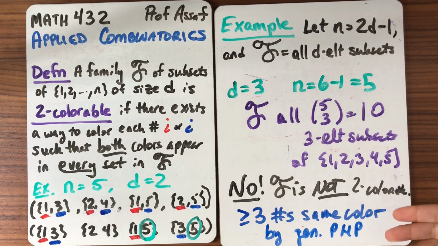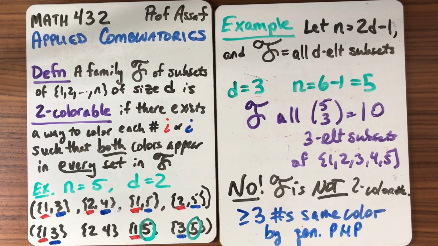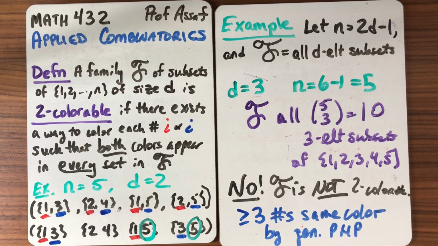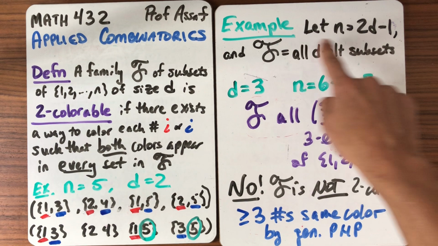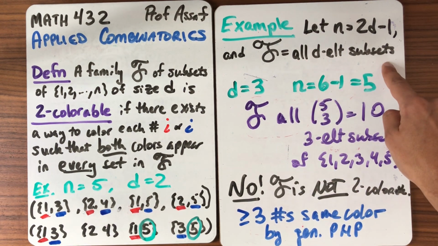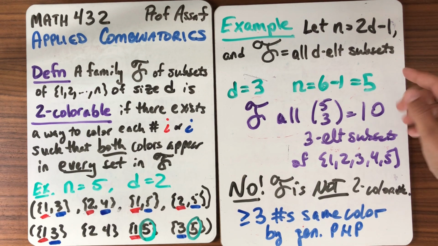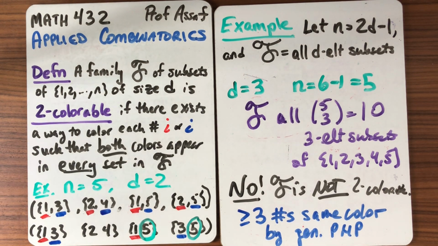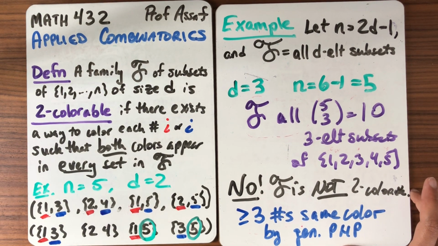And now we can see that actually that's going to work out in general here too. With 2d minus 1, the pigeonhole principle is going to say at least d of these numbers from 1 up to n are the same color, which means that when I take all d-element subsets, I'm going to have one subset that's all the same color. It's either all red or all blue, which violates the notion of being 2-colorable.